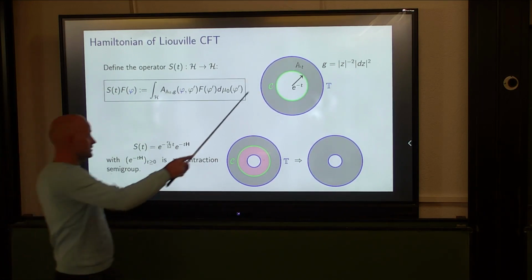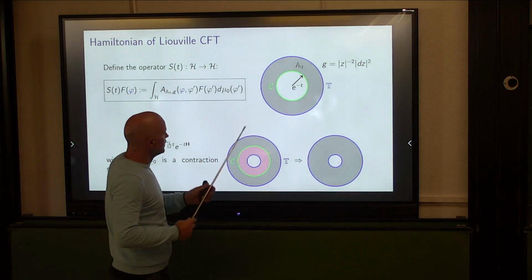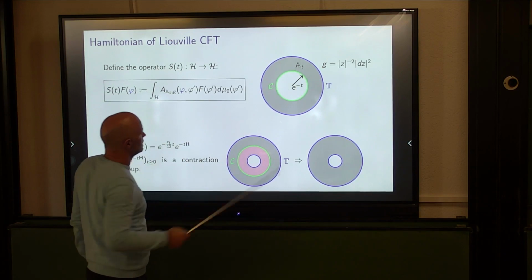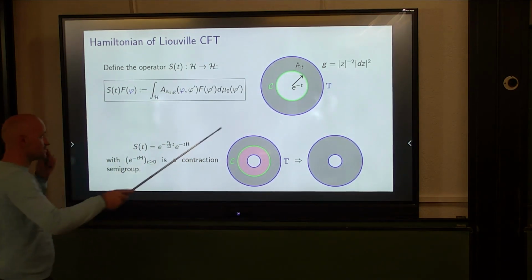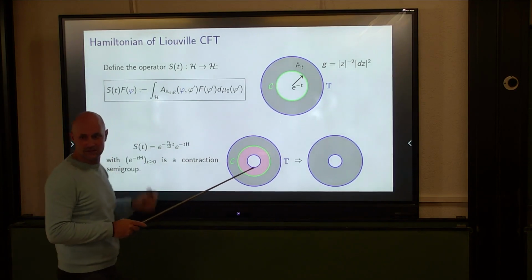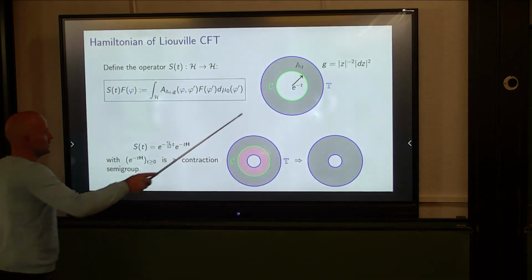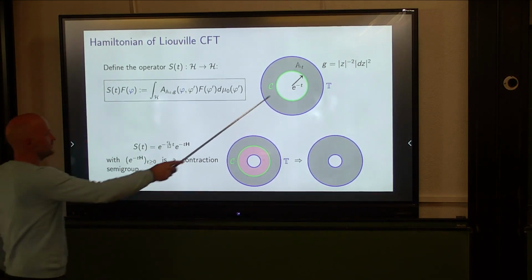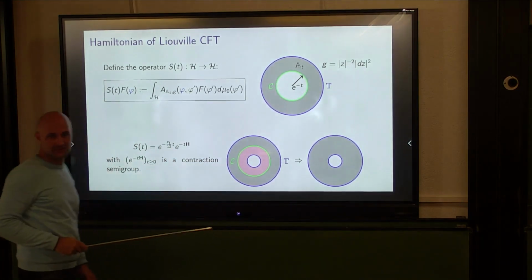So I take an annulus, with the inner circle of radius exponential minus t. Obviously, an annulus, you will grant me, has two boundary components. So I can attach an amplitude to this annulus. The metric I take to be this one exactly.